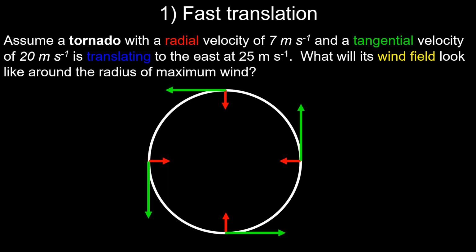Let's say that it's moving from left to right, or to the east, across the screen at 25 meters per second or 50 knots. So 58 mile an hour forward motion, that's definitely within the realm of QLCS possibility, right?